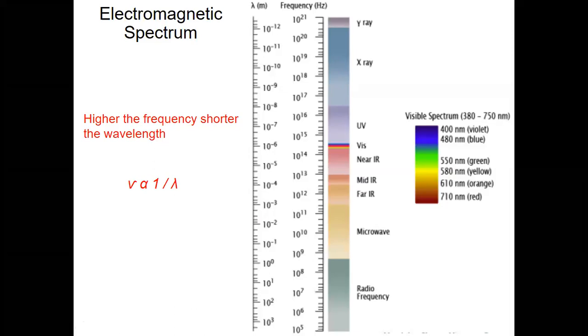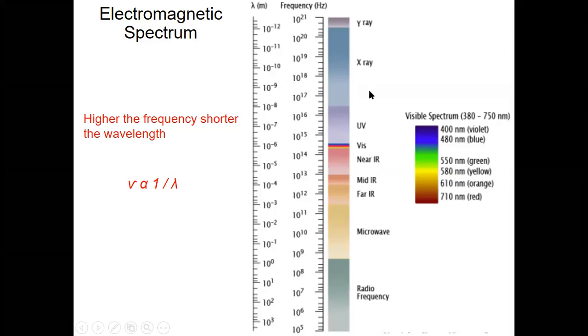Therefore, wavelength and frequency have an inverse relationship. So there's an inverse proportionality between the wavelength and frequency. And based on the wavelength or frequency values, you will see the different types of electromagnetic radiation.